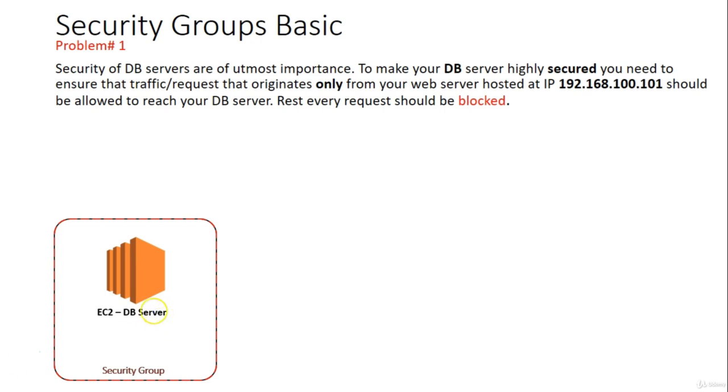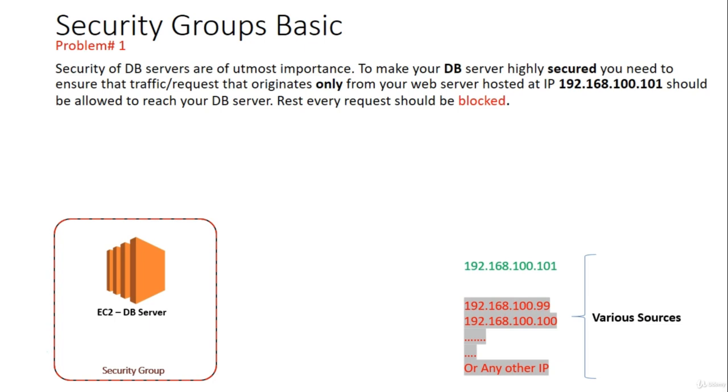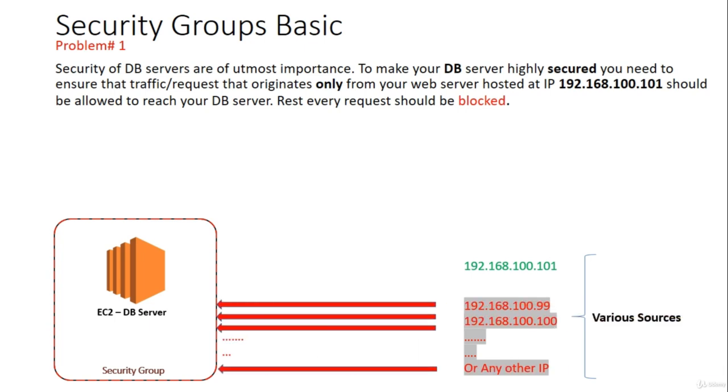Now you need to configure your security group in such a way that only one IP is allowed. Here are your various sources. Only one is green over here, that is .1.1. Everything except that green IP should be blocked.